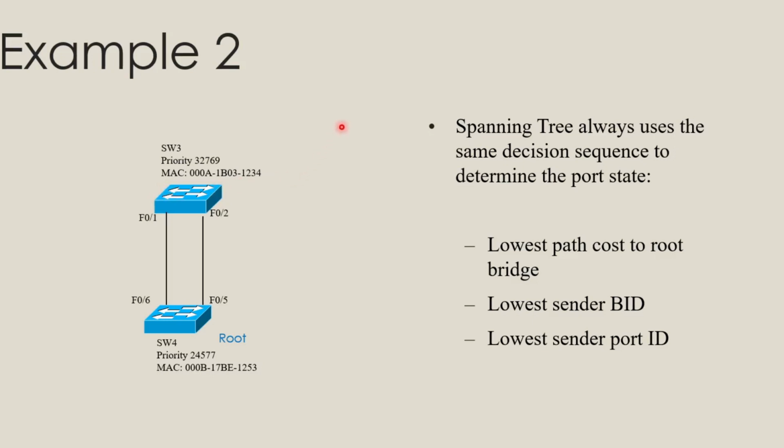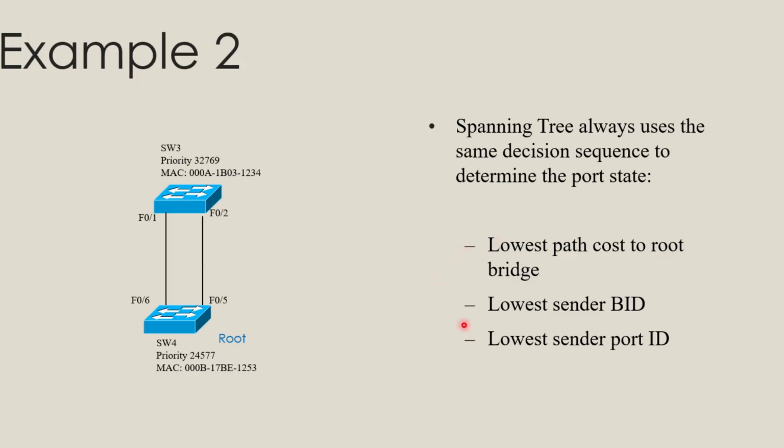And the decision sequence is to compare the path cost. So switch 3 has two links, same speed, to the root bridge. So obviously the path cost to the root is equal among these two links. So there is a tie for the first decision criteria.